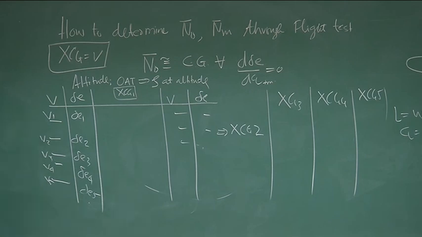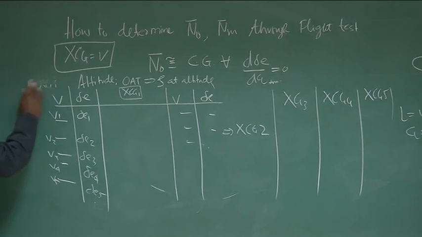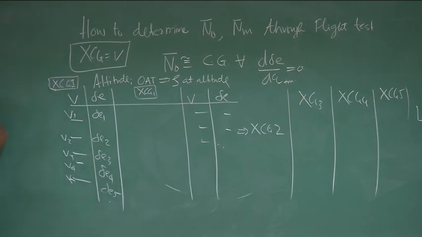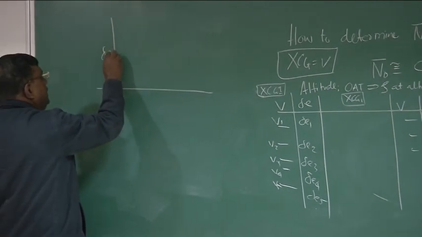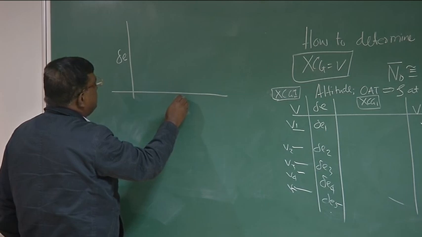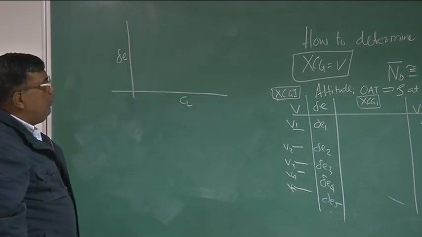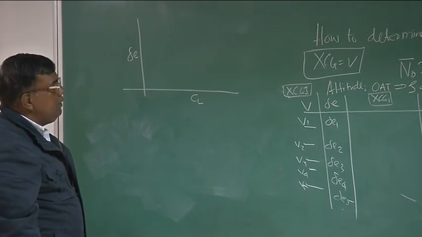Okay. Once you have done that, if I take the first case, a combination XCG1, one group, I can plot for that group delta E against CL. Now the question is, how do you find the CL? You can answer, okay, I'm cruising.